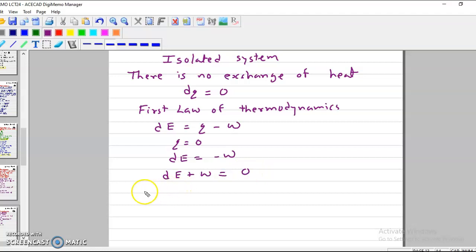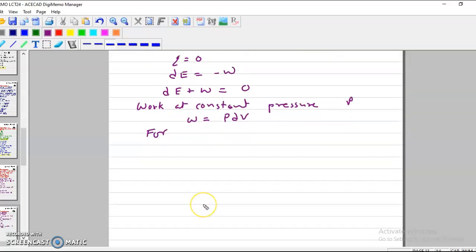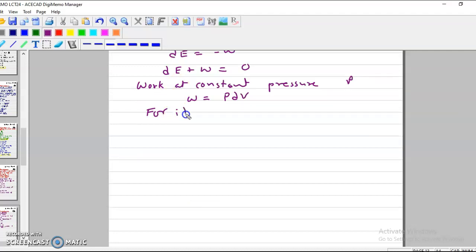And you know that work at constant pressure P will be W is equal to P dV, and for ideal gas, dE upon dT is equal to CV, or dE is equal to CV dT.